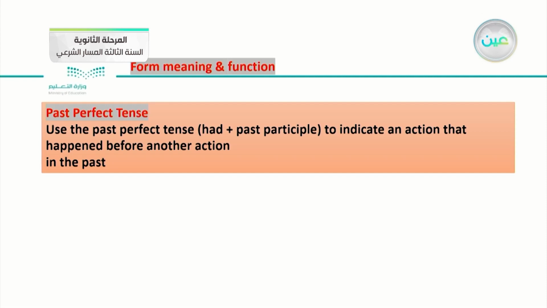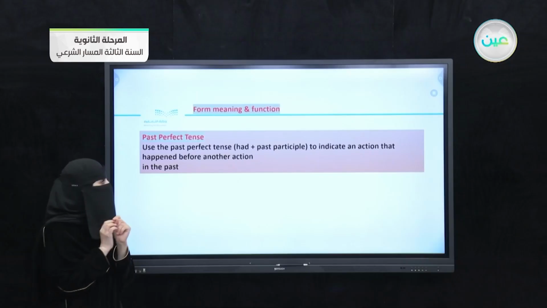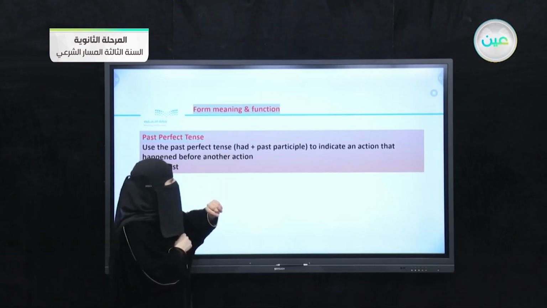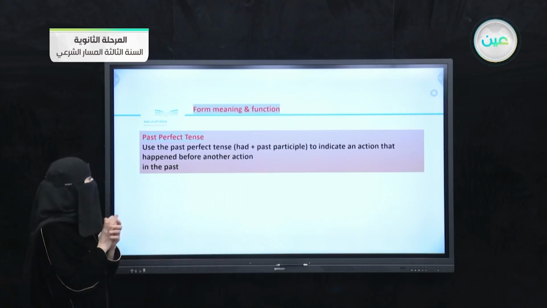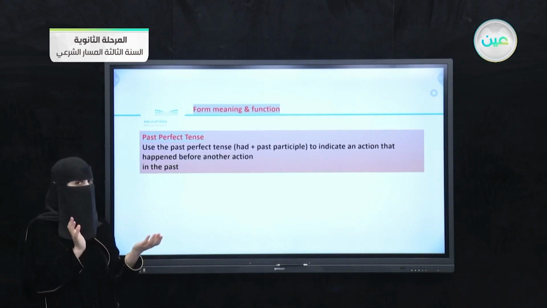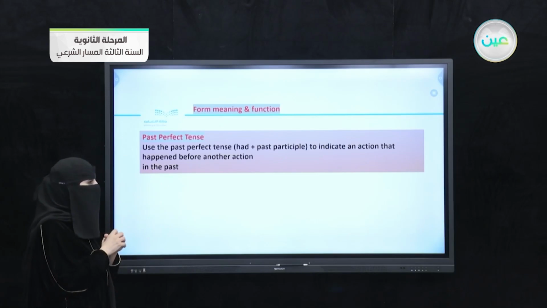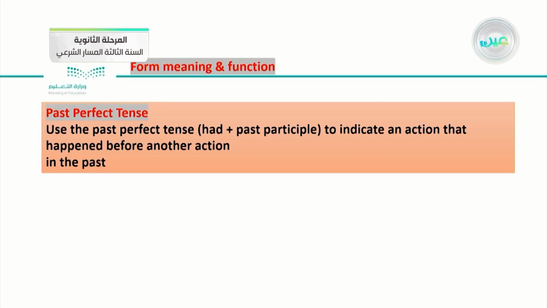Use the past perfect tense, that is the structure of it: had plus past participle, which means the third form of your verb, to indicate an action that happened before another action. So in which time are these 2 actions, miss? In the past. So both actions happen in the past. And if you want to indicate the action, we should apply the past perfect tense with 2 parts.